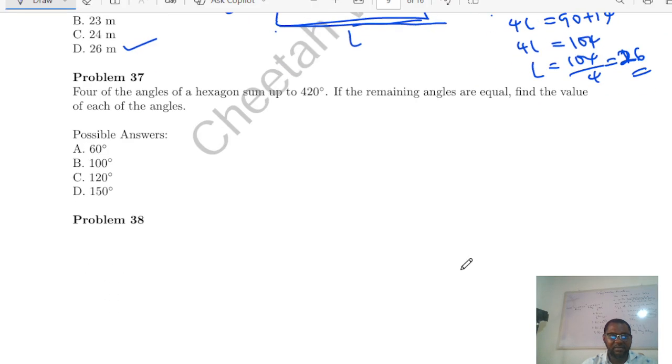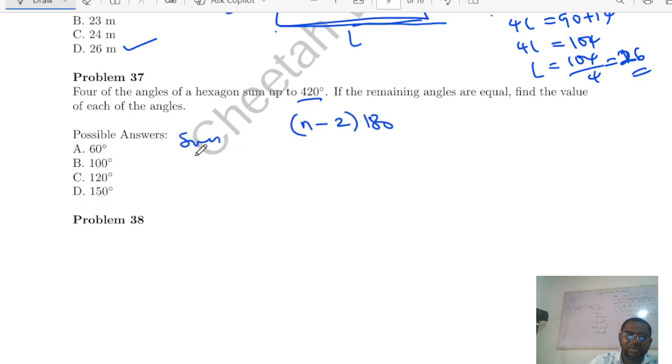Quite easy, right? Now the next one says 4 of the angles of a hexagon sum up to be 420. A hexagon means it has 6 sides. If the remaining angles are equal, find the value of each angle. Well, the sum of interior angles of a polygon is n minus 2 times 180.